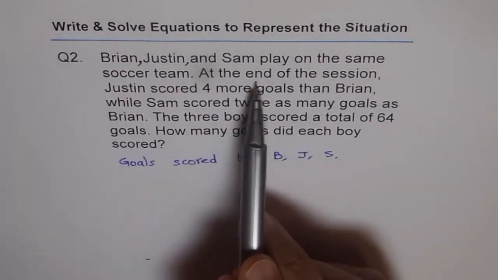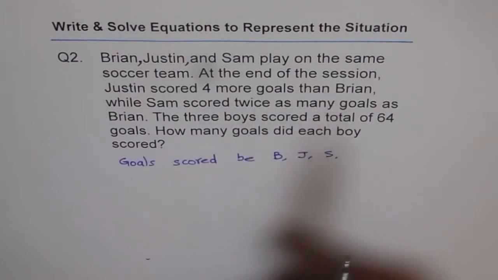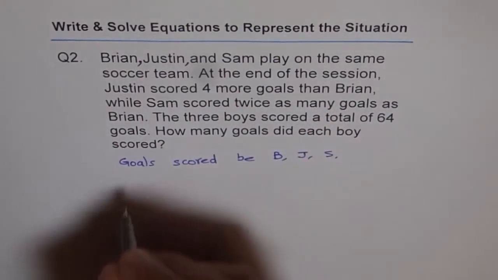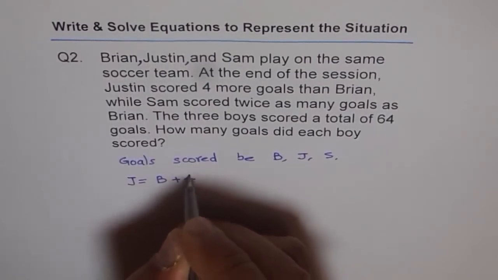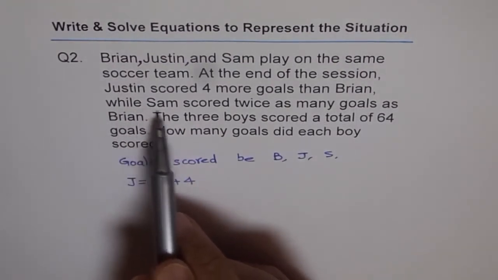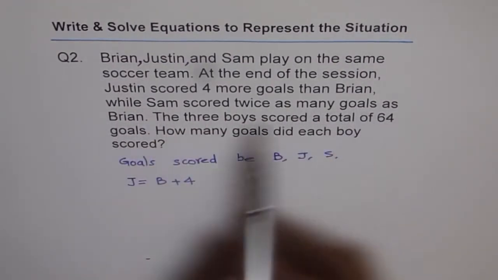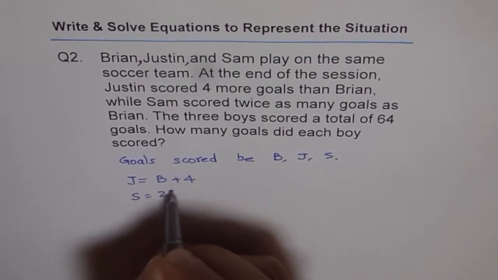Then at the end of the session, Justin scored 4 more goals than Brian. That means J is 4 more than Brian. So J equals Brian plus 4. Do you understand? 4 more goals than Brian. While Sam scored twice as many goals as Brian. So Sam's S equals 2 times Brian.